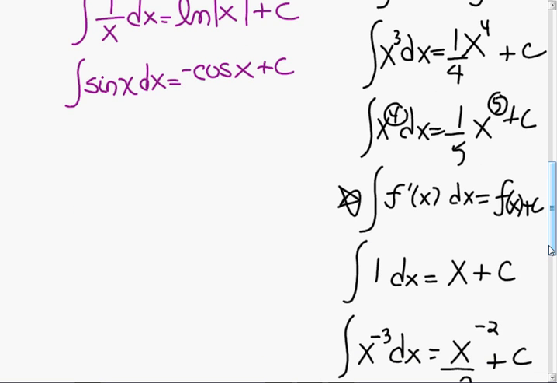Well, a million might be a little exaggerated. What's the antiderivative of cosine of x? Is it negative sine or positive sine? It's positive sine of x. Okay. All that list that you've got on the top part of that sheet you have to know. Not with the composite ones. Do you remember this one?